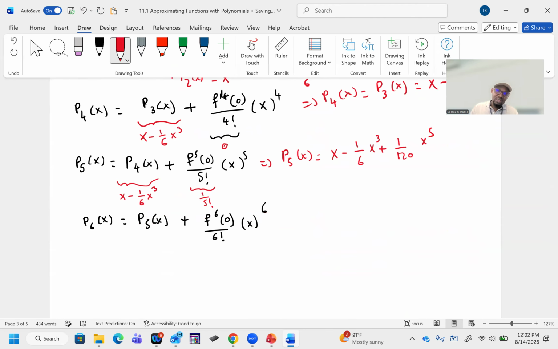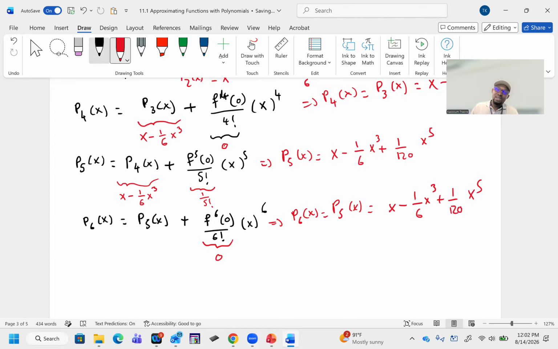So we can see this is 0. Which means p sub 6 of x is equal to p sub 5 of x, which is x minus 1 divided by 6x to the power of 3 plus 1 divided by 120 x to the power of 5.